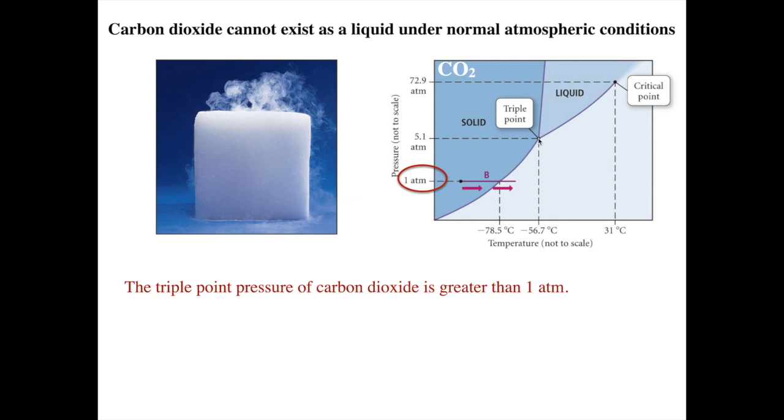That's the triple point pressure. Below that, there's only two phases you can have, solid and gas. So if we increase the temperature of dry ice, we will sublime it. If we want to melt solid dry ice, we can't just raise the temperature at the surface of the Earth. We also have to raise the pressure.